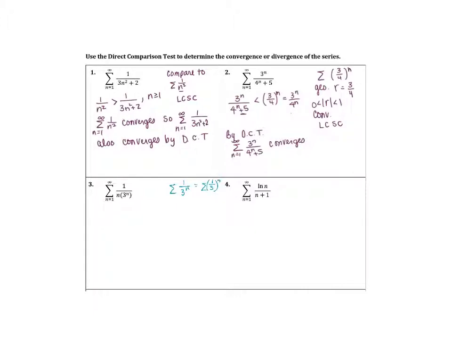And so again, we see that this is geometric. The ratio is 1/3, and so this will converge.